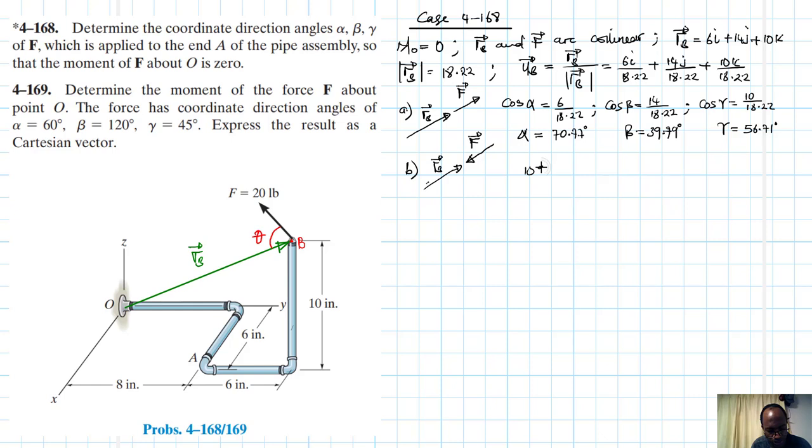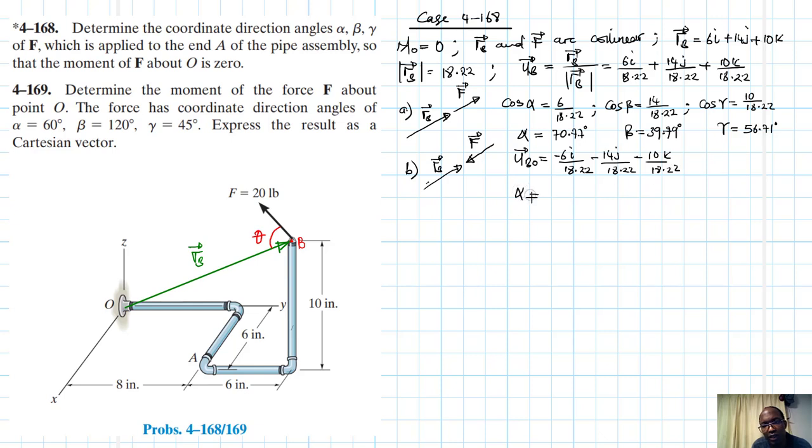109.23. Okay, this is what we intend to get. Or if we don't want that, I'll show you. Instead of having a unit vector like this, the unit vector will be PO, which is just going to be equal to negative 6i divided by 18.22 minus 14j divided by 18.22 minus 10k divided by 18.22.